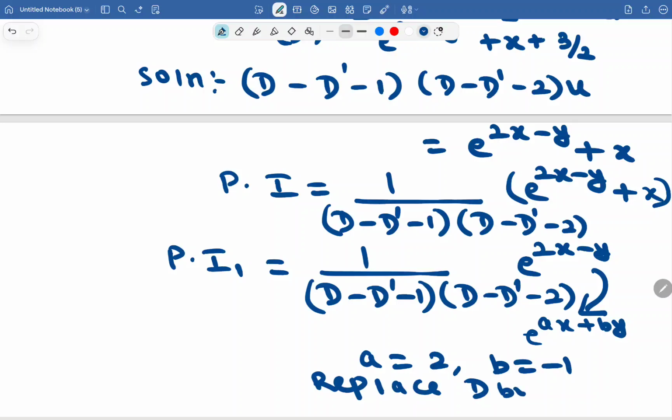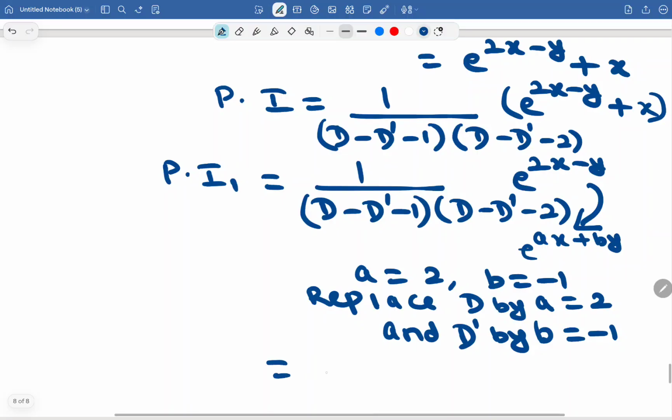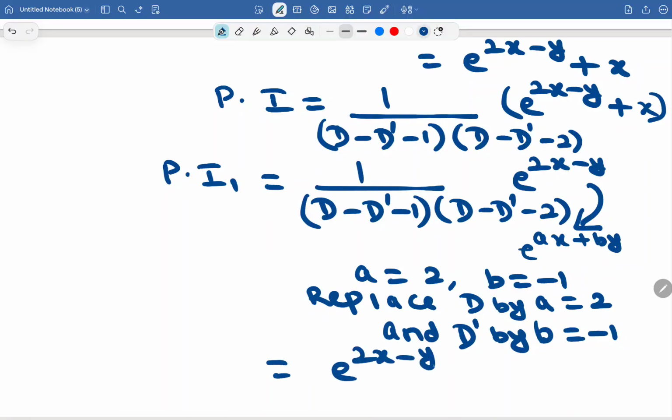Replace D by a, which is 2, and D' by b, which is minus 1. This gives e^(2x−y) divided by (2 + 1 − 1)(2 + 1 − 2), which is (2)(1).